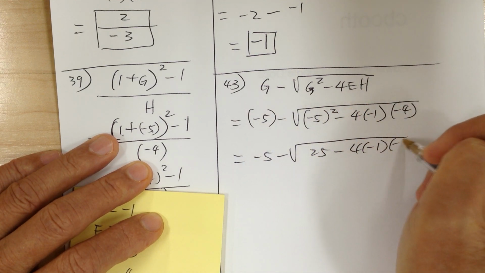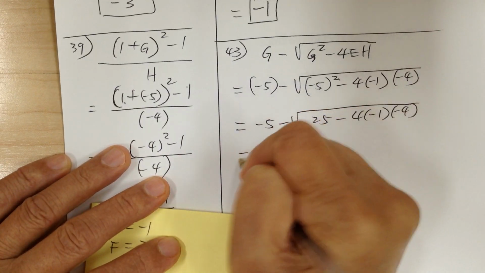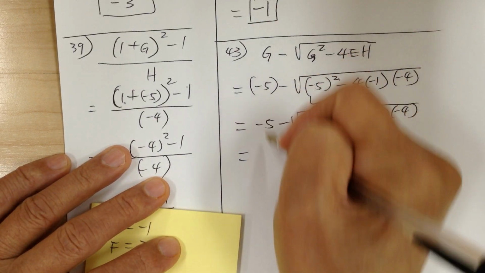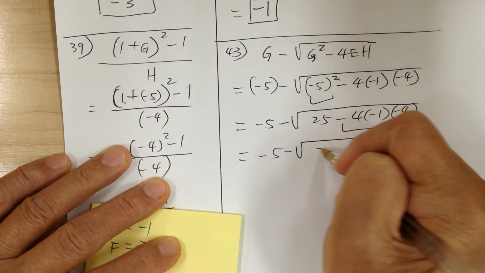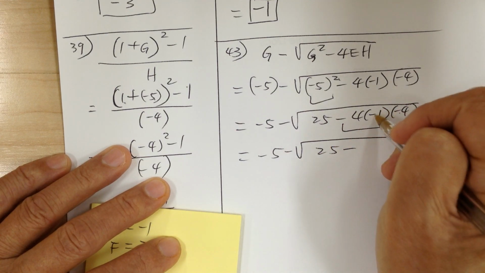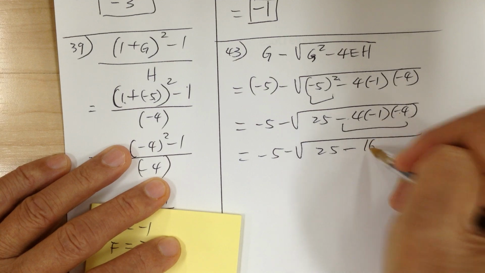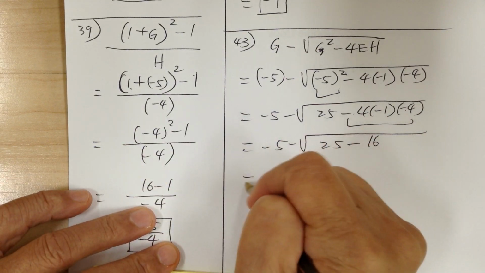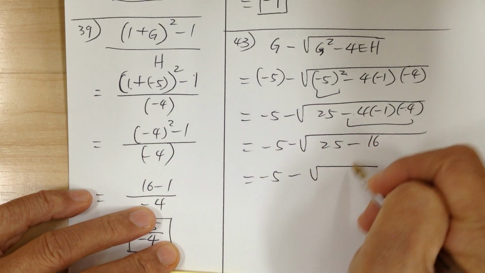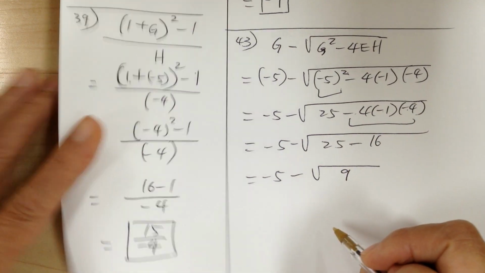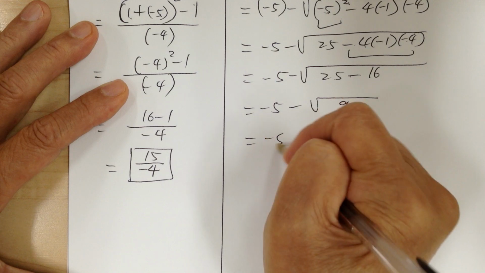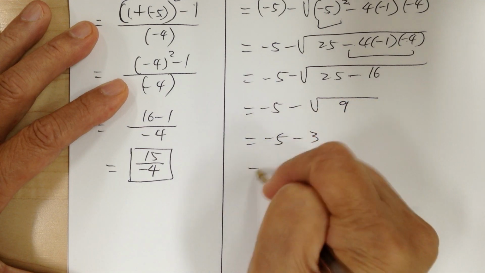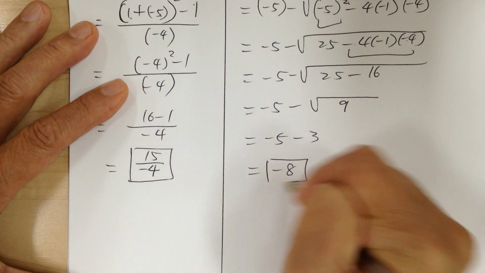Then do this part. Next part is going to multiply. This would be 25 minus, and this would give me 16. And so it would be -5 minus square root of 9. Now I can take the square root. Again, this acts as a grouping symbol. So it becomes -3, and this will give me -8.